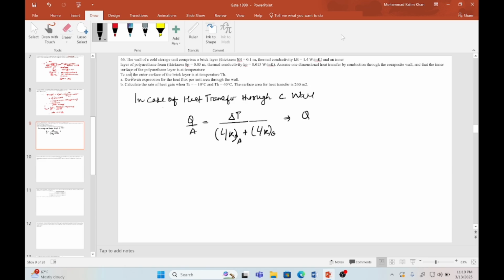So Q we have to calculate, area we have 260 meter square, delta T is 40 minus 10, 50, divided by L upon K: 0.1 by 1.4 plus 0.05 divided by 0.015. Okay, so this will give Q, in watt. Okay, Q is in watt. So this is a straightforward question.